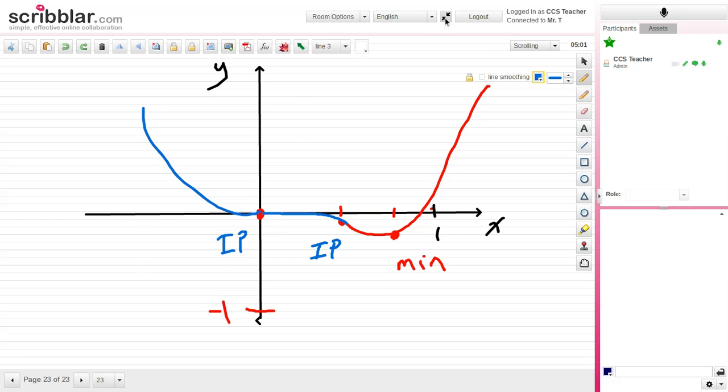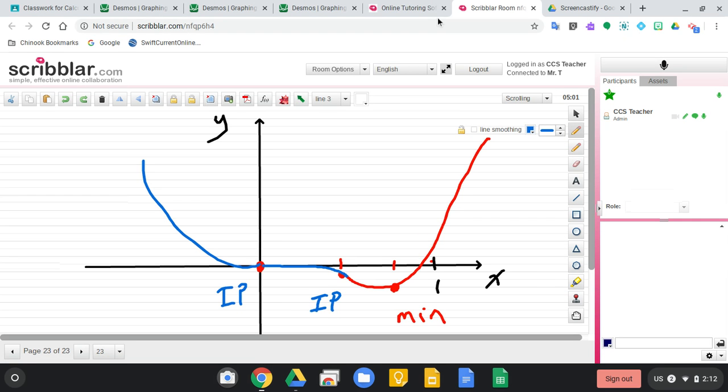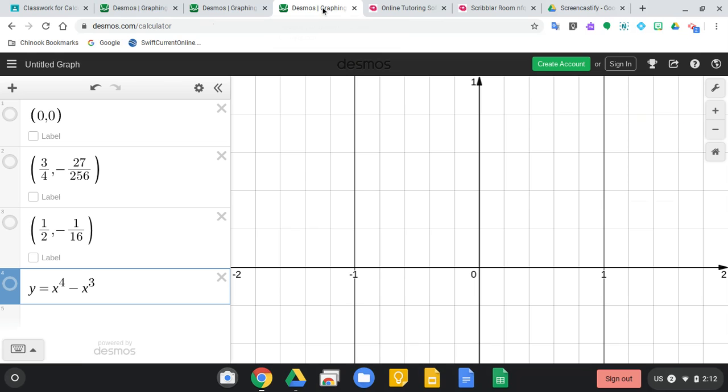So let's go back to Desmos and have a look at this where we can zoom in and show what happens. All right, I had the point at 0, 0. I had my point at 3/4, minus 27 over 256, which is our minimum. And then this other inflection point at 1/2 and minus 1/16.